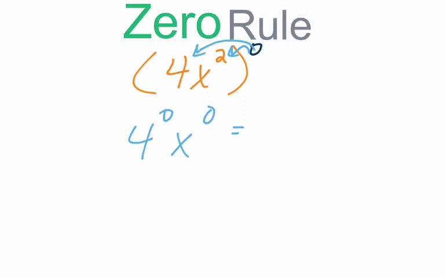So both of these values to the 0 power would just get us 1. Anything to the 0 power is 1, regardless of how complex it looks. That's what we want to make sure we're remembering.